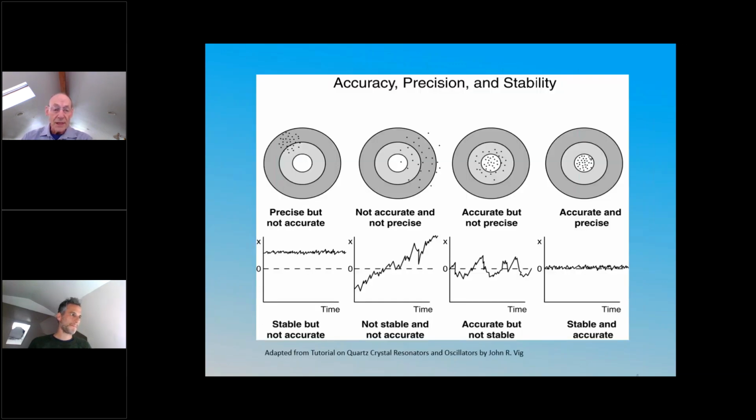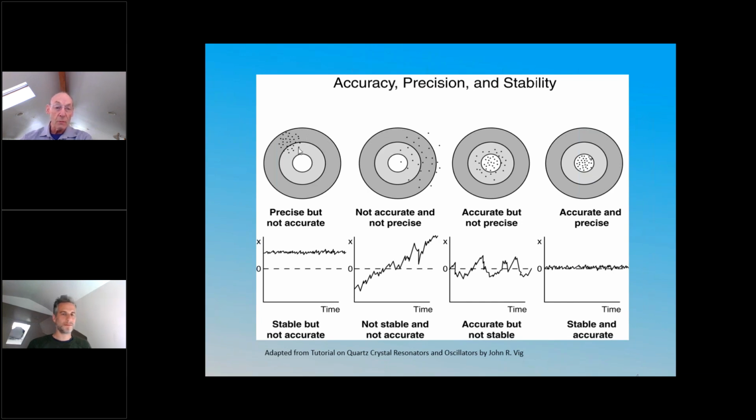Okay, a first concept that is really important and people confuse a lot is the difference between accuracy and stability, or accuracy and precision. If you look at a target and you're trying to shoot at it, you can be stable or precise, but not accurate.